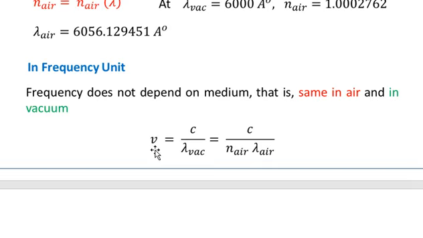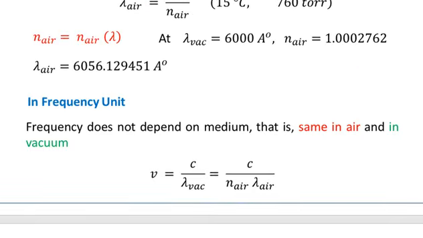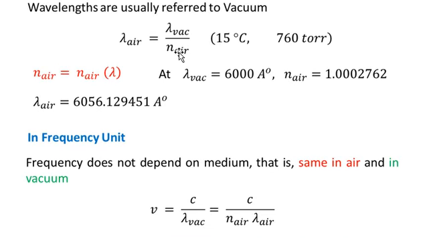So this frequency is given by C over lambda vacuum. Lambda vacuum is given by N air multiplied by lambda air, from this expression, and you can substitute this over here.